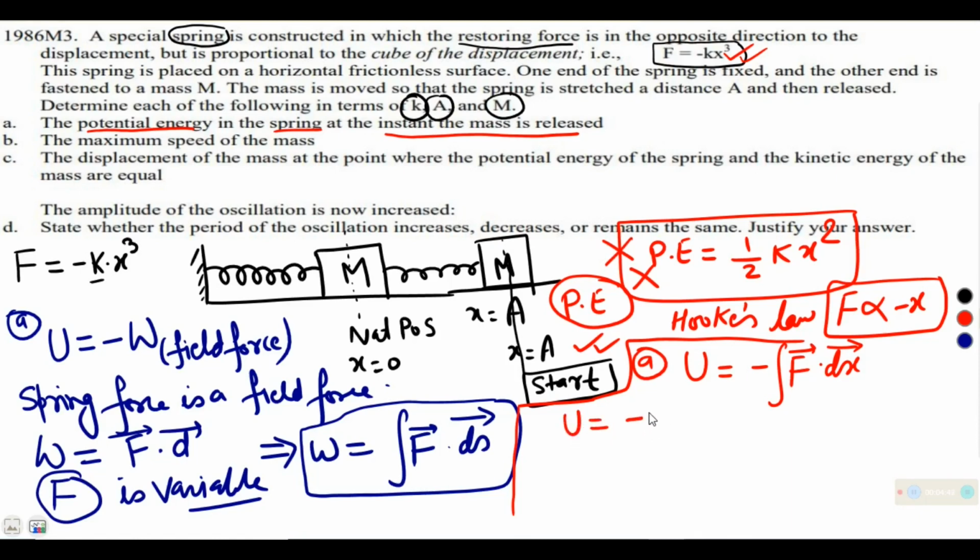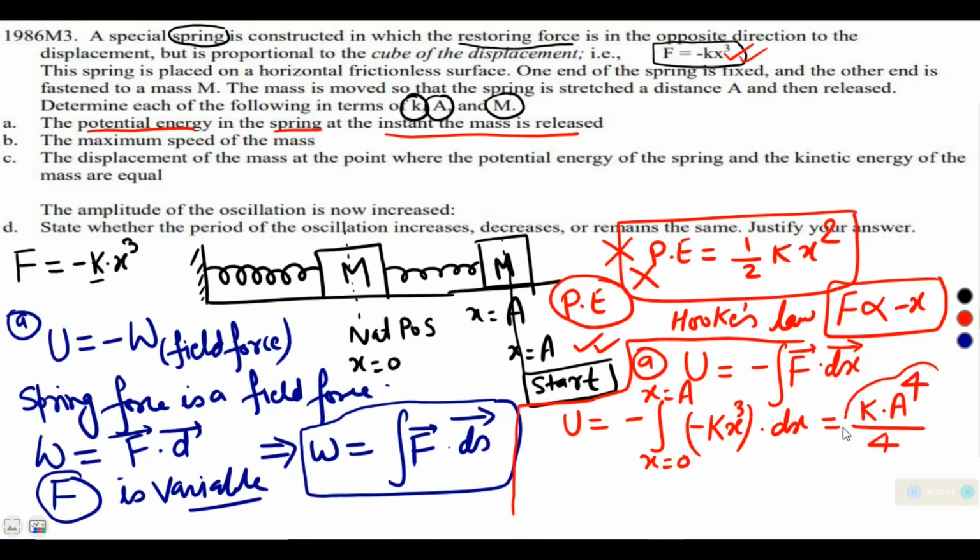So U is equal to negative integral from x is equal to 0 to x is equal to a of the force, which is minus k times x cube, into dx. If you calculate this integration, you will find the potential energy will be k a raised to power 4 divided by 4.